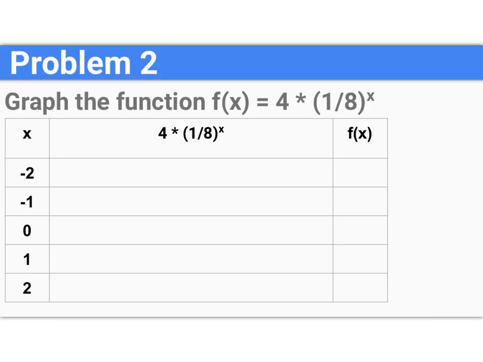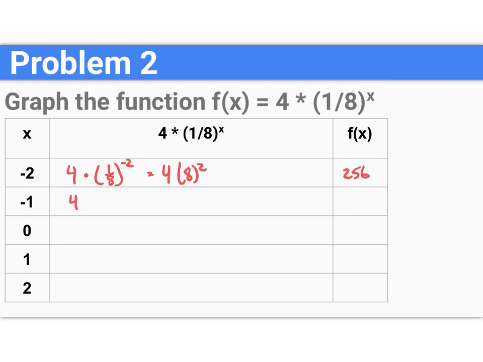Let's look at our second problem. 4 times 1/8 to the x. So 4 times 1/8 to the negative 2 becomes 4 times 8 squared, 64 times 4. Oh, this is going to be a big number. Equals 256.